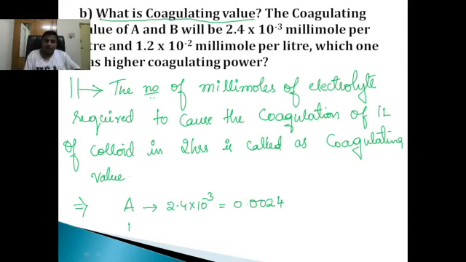Whereas the coagulating value of B is 1.2 into 10 to the power of minus 2, that is nothing but 0.012. So please remember, he has given two coagulating values, and we have to say which one has higher coagulating power.